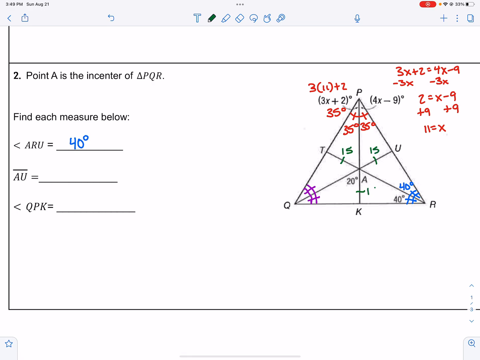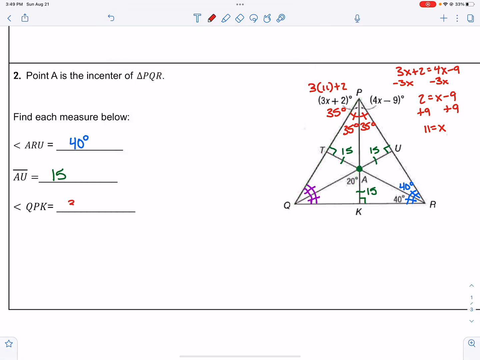And if we knew one of them was 15, we would know all of them are 15. Since we're just reviewing for the quiz, let's remind ourselves that if we knew one of them, then we know all 3 of those are equal. And those are also perpendicular to the edge of the triangle. And then angle QPK, so let's see, Q to P to K, we figured out was 35 degrees.